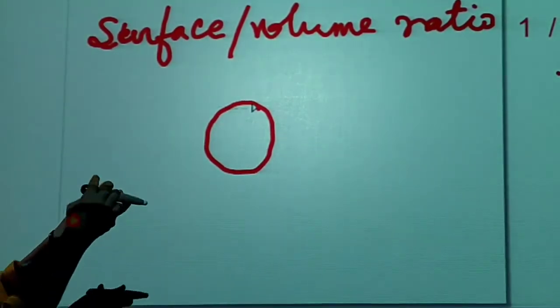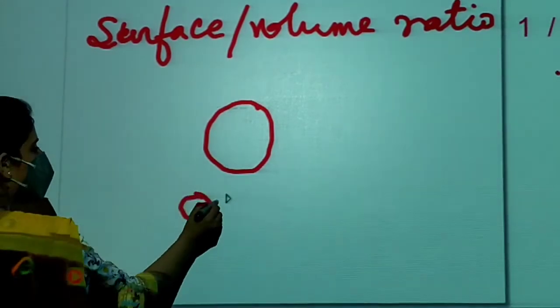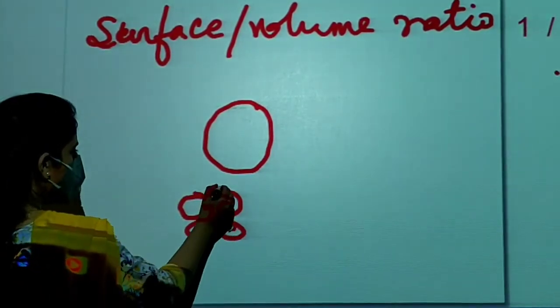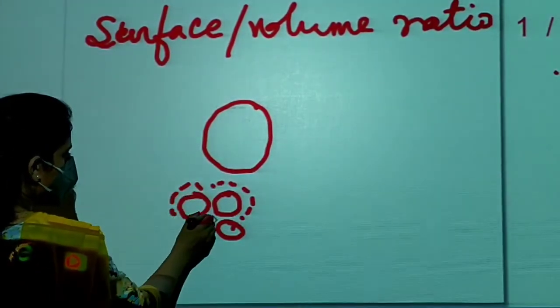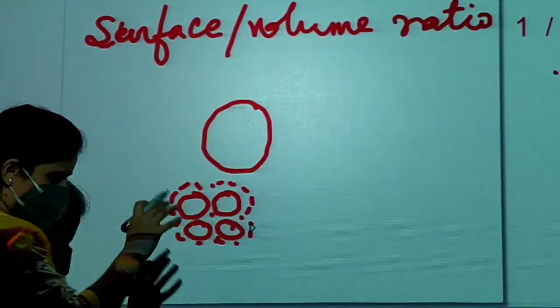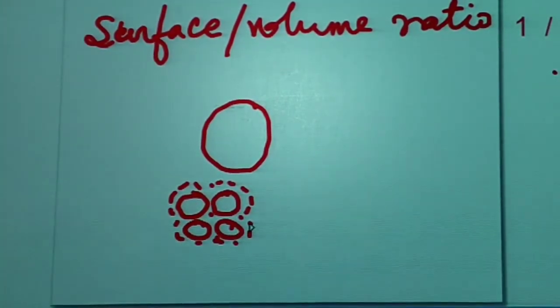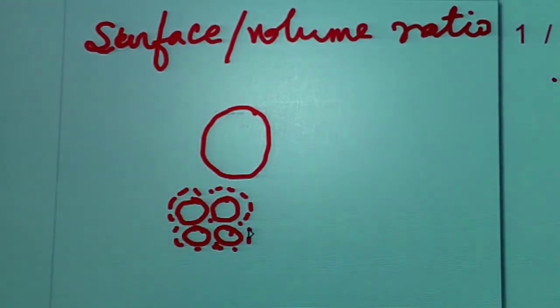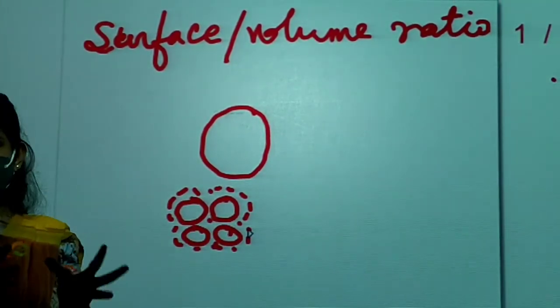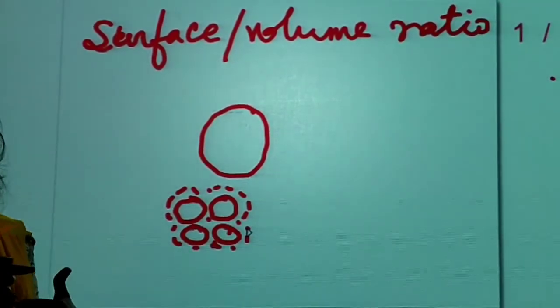If we cut it into smaller cells, we get larger exposed surface areas, which ensure easy diffusion, the in and out movement of substances.